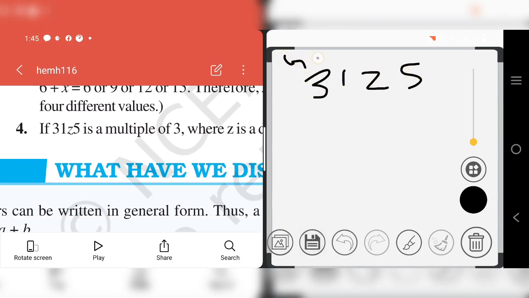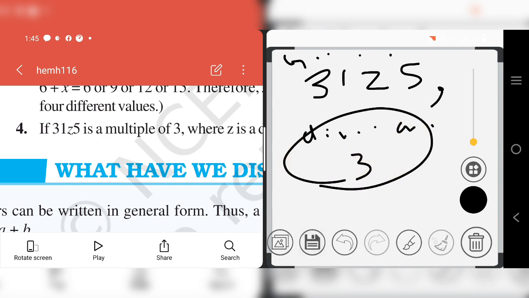We should write given 31z5. The divisibility rule for 3 you have to write. I'm not writing it. That is what we wrote for the first and second, the same rule, but it should be divisible by 3, not 9.